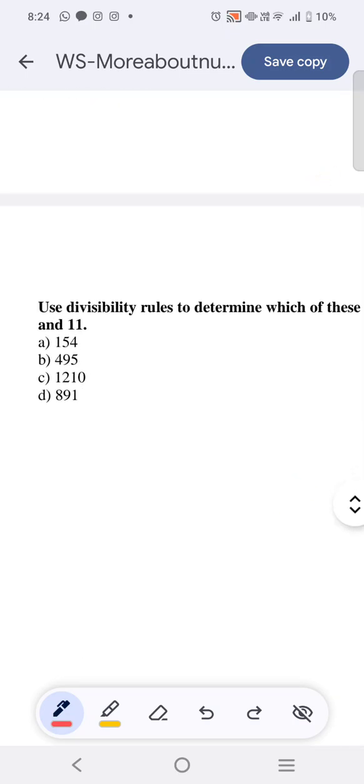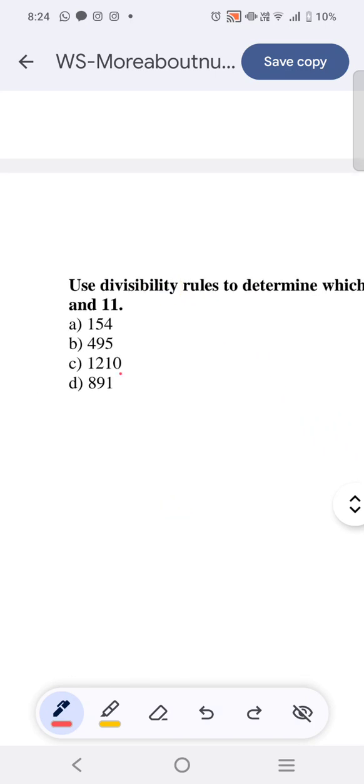Let's check if it's divisible by 7. The last digit is 0. Okay, so we can't double 0, so we'll just see the last digit, which is 0.